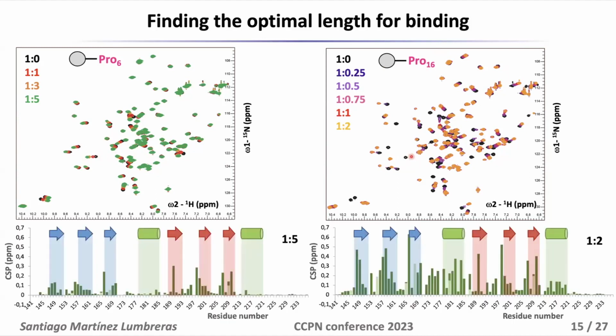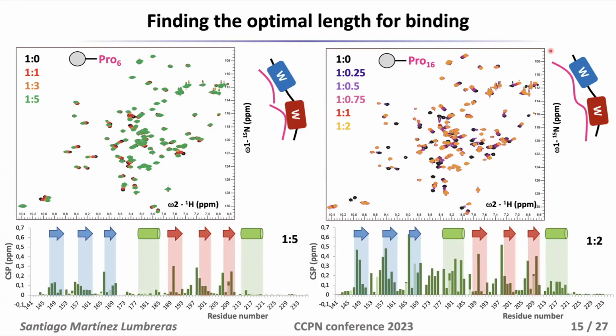When we map the interaction in the tandem, we detect chemical shift perturbations in the canonical interface, the beta sheet. But for the 16 proline peptide, we also detect chemical shift perturbations in the linker. We assign this to the following. When we have a 6 proline peptide, we have one molecule binding to one WW domain and another molecule binding to the second, and probably the conformation of the tandem is not really affected.